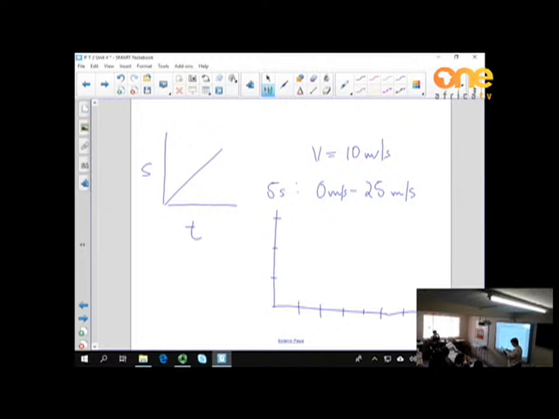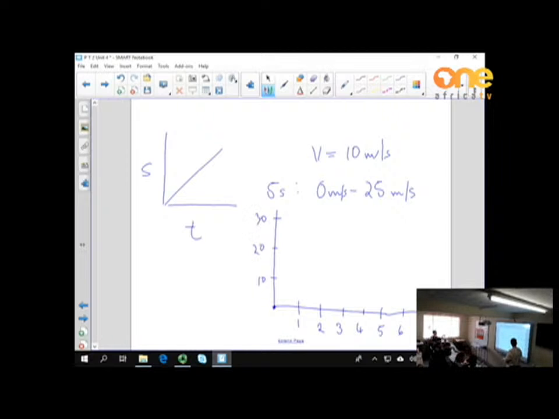The runner runs at a constant speed of 10 meters per second from the start of the race. During the first 5 seconds of the race, the car's speed increases from 0. For the first 5 seconds, we have 1, 2, 3, 4, 5, 6, 7, and the speed on the y-axis is 10, 20, 30.